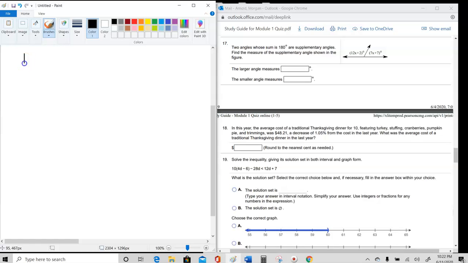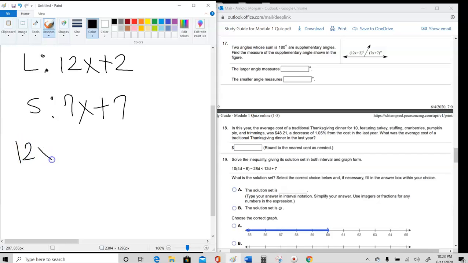So the 12x plus 2 degrees is our larger angle, and then the 7x plus 7 degrees is our smaller angle. So if they form a straight line, they're equal to 180 degrees. So we have the larger angle plus the smaller angle equal to 180 degrees.